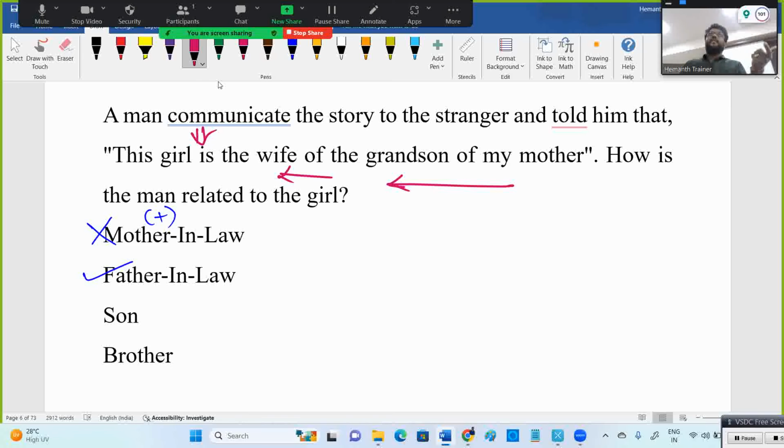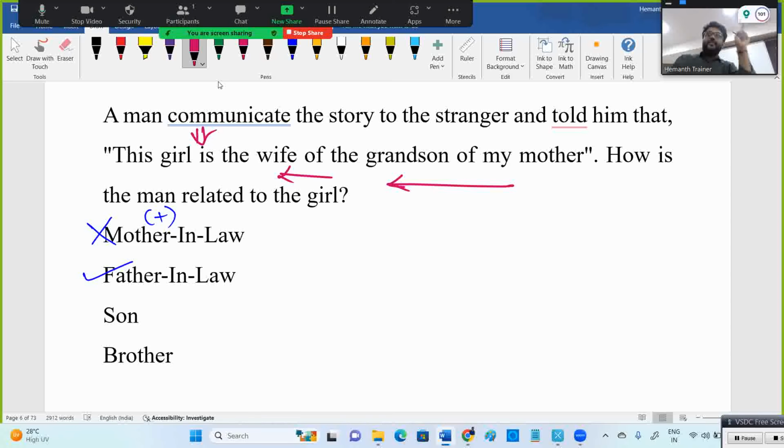Brother of my father, in English, we can read it like my father's brother. Both are the same.